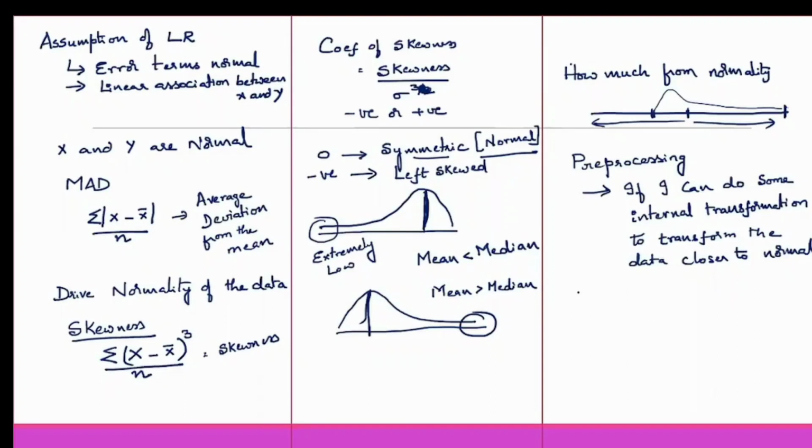Depending on whether the skewness is very positive, I would try to do some kind of transform which would bring down the range.